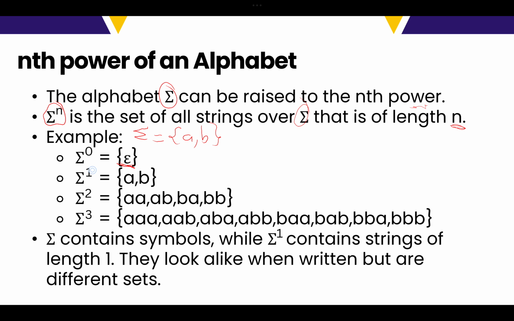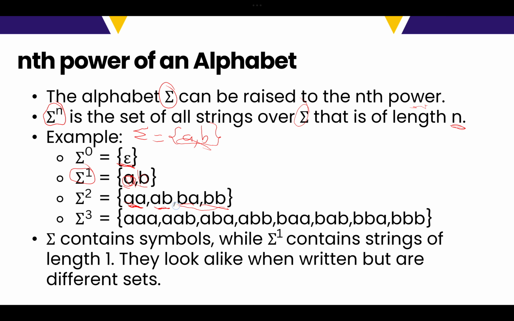Then, mo-ingon ka og sigma to the power of 1, ang length niya is, ang length sa strings ra, ha, nga ma-generate from this. So, 1 ra kaning A o B, kay 1 naman ang length sa string. So, A isa ka string, B isa ka string. Then, sigma to the power of 2, duha ka length. So, AA na siya, AB, so from this and this, then BA or BB.